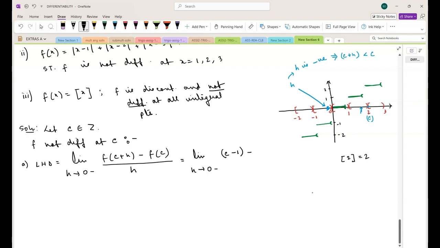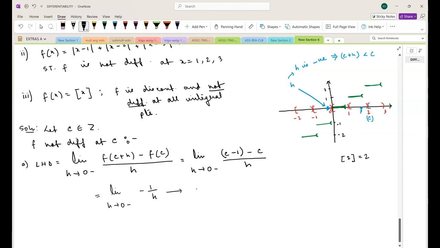For every integer, it is always the same integer, right? So your box function at c is c, divided by h. Okay, so limit h tends to 0 minus, that's minus 1 by h.